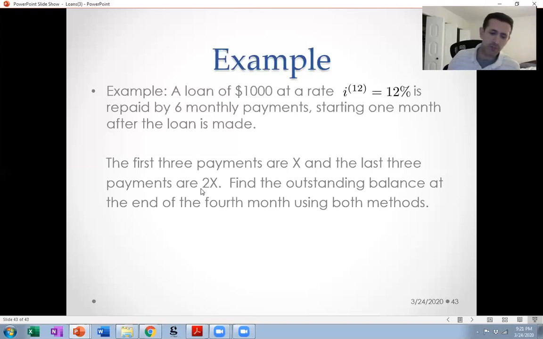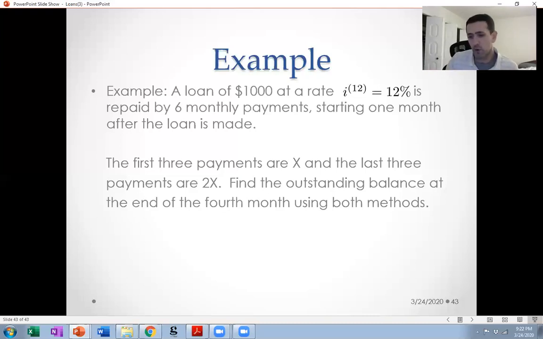So I should mention that the prospective method is definitely quicker in this example. And in general, if you're finding OBT for t close to the end of the loan, it's quicker to use the prospective method because there are not many payments you have to deal with in the future.